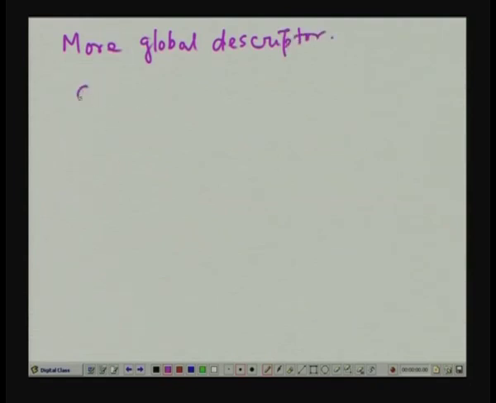These more global descriptors are given as s r equal to the summation of s theta r, where you take the summation from theta equal to 0 to pi.